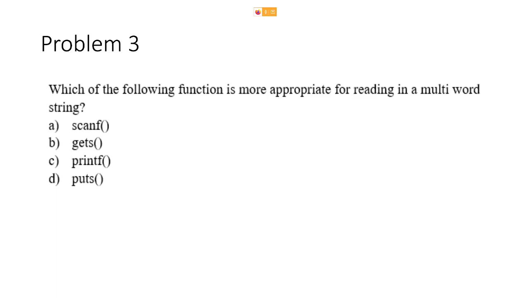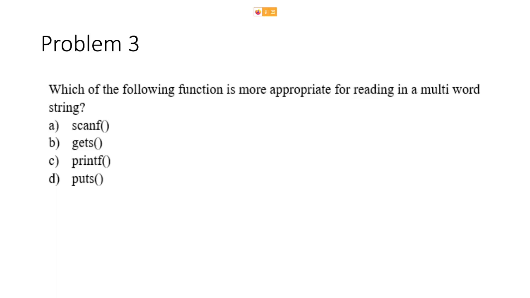One of you, Arati, is your name, am I pronouncing it correctly? Can you please tell me your name? Actually, the gets function takes the full word. On the other hand, scanf takes a particular word.